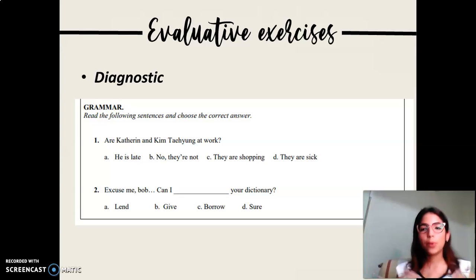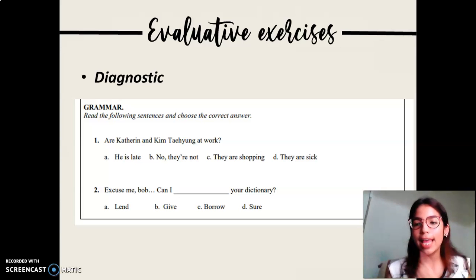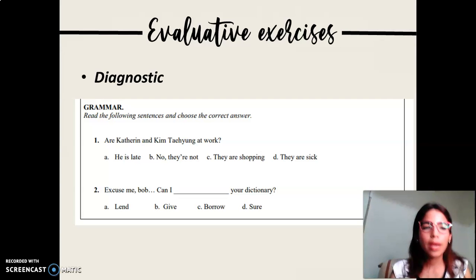Now here's my proposal of the evaluative exercise, and I'm going to talk first of all about the diagnostic. I created some aspects or questions to evaluate the actual, or current, level of the student. In this case, we have the grammar, and the student has to read the following sentence and choose the correct answer.